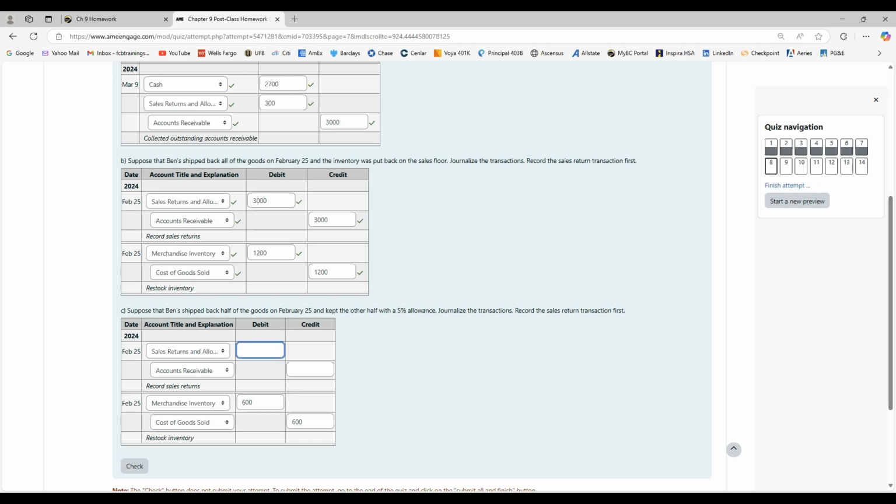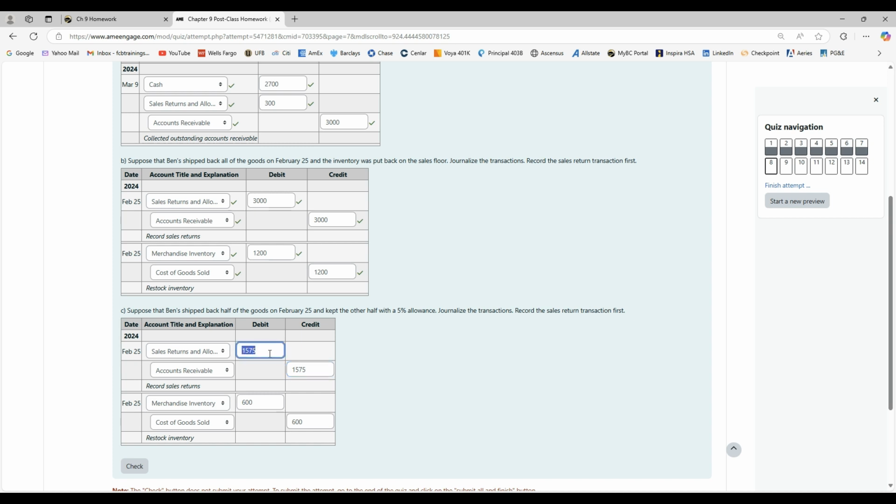Make sure I've got that going the right way, because we're going to reduce it by 1,500. Actually, I think that is going to go the other way, because we're going to reduce it further, not just by half. We're not only not going to collect the full amount of the sale because half of it came back, but we're giving them a 5% allowance. So we're going to receive even less.